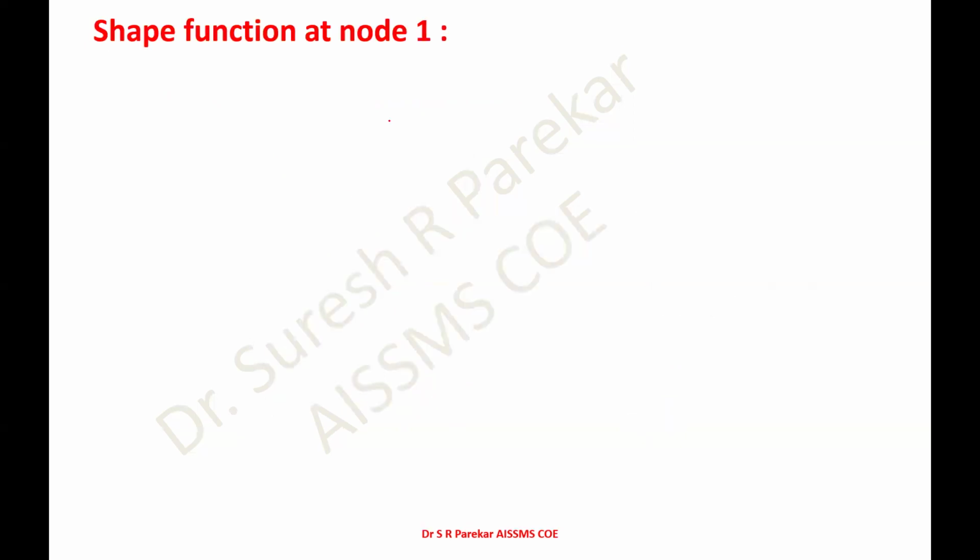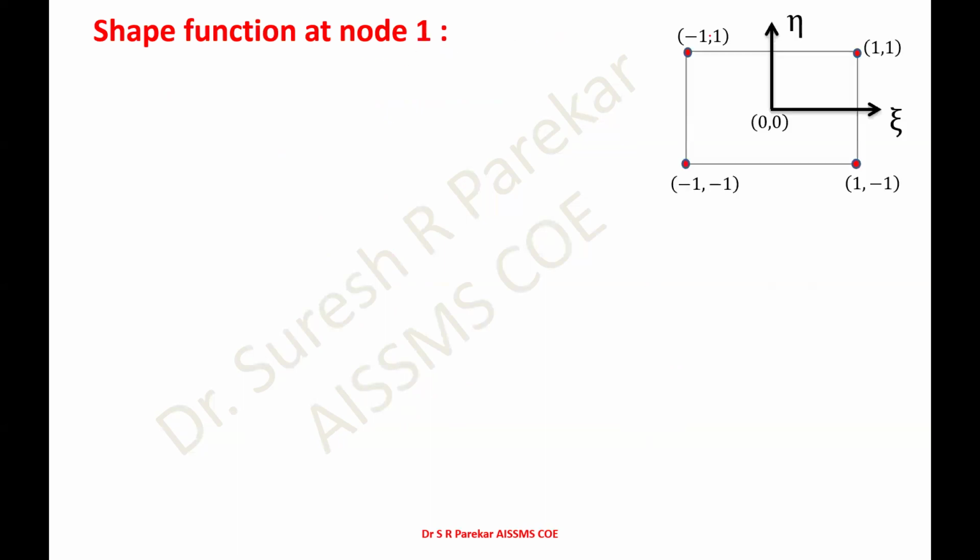Now if we switch over to the shape function, we are at node 1. This is my first node, and we are interested in finding the shape function values for node 1, then likewise at 2, 3 and 4.